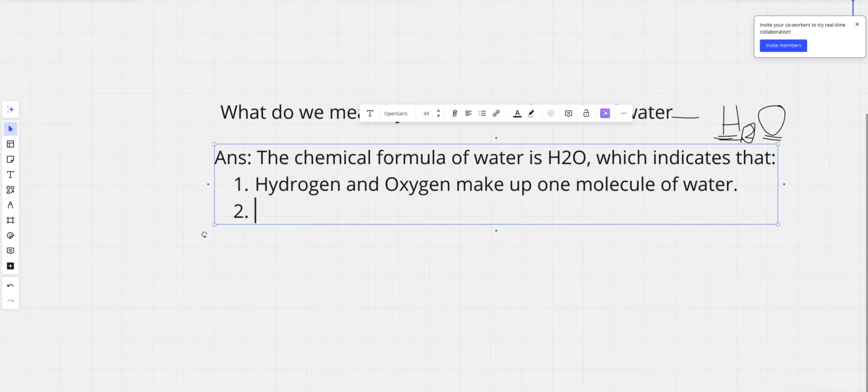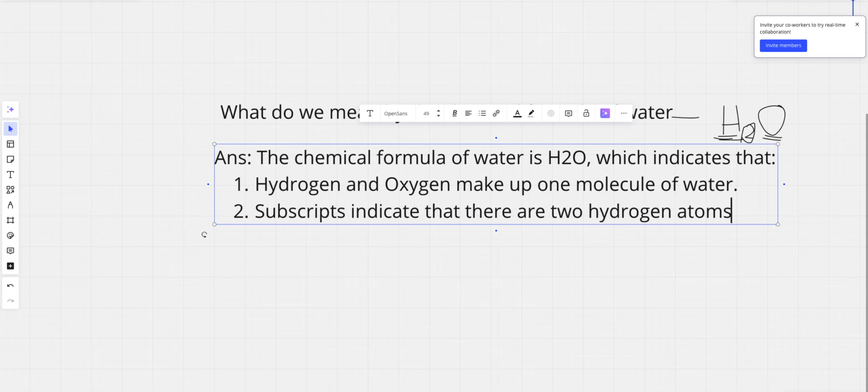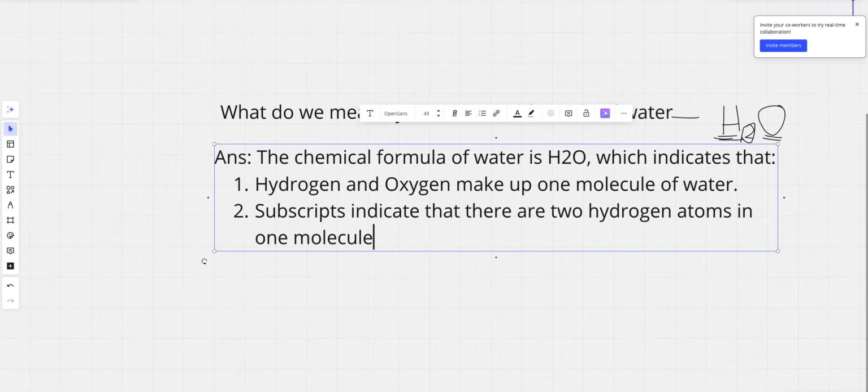And number two, subscripts indicate that there are two hydrogen atoms in one molecule of water.